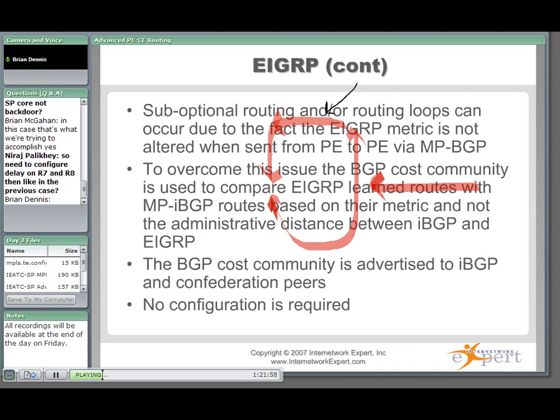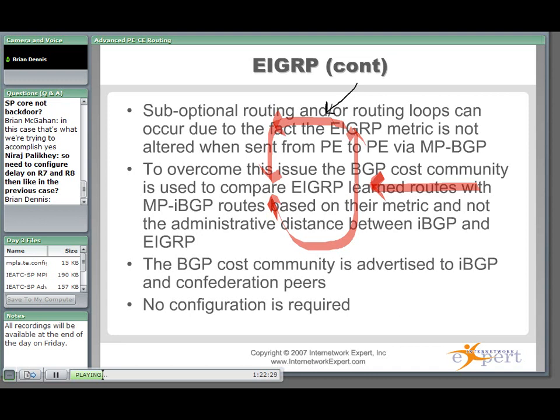Someone brought up the question. They said, so we need to configure the delay. It doesn't matter what the EIGRP metric is if we don't have the cost community, because it'll prefer IBGP. But if we're using iOS that supports the cost community feature, which is what we have, the metric will be sent across, and then we don't need to do too much delay here.